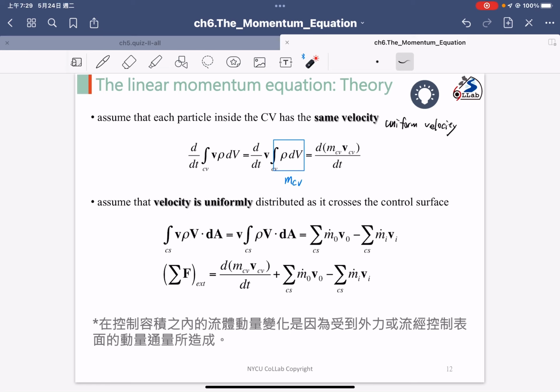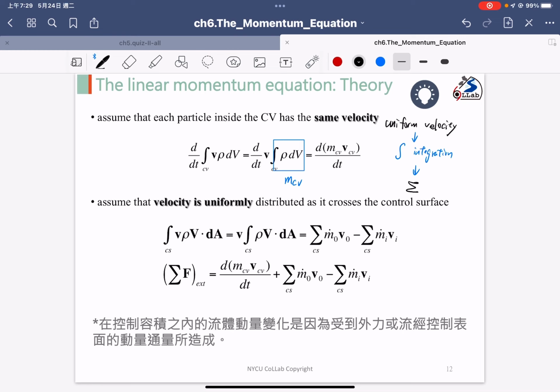So we can split the integration part into the outflow rate minus the inflow rate, multiplied by the outflow velocity and the inflow velocity. Because we assume uniform velocity, we can convert the integration operators into summations.